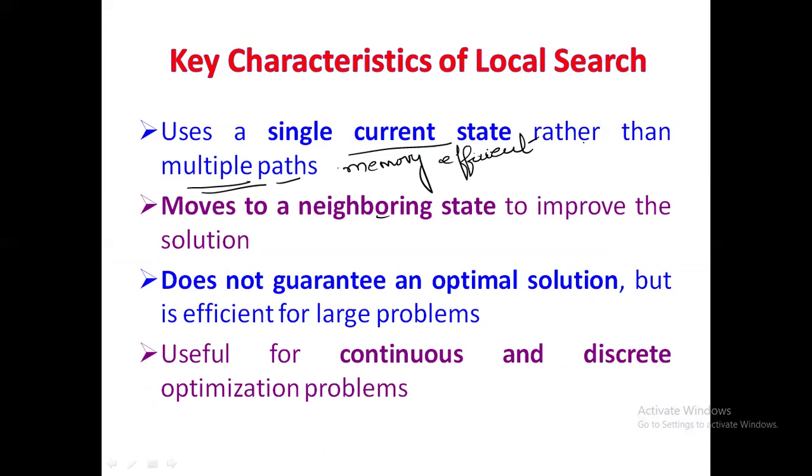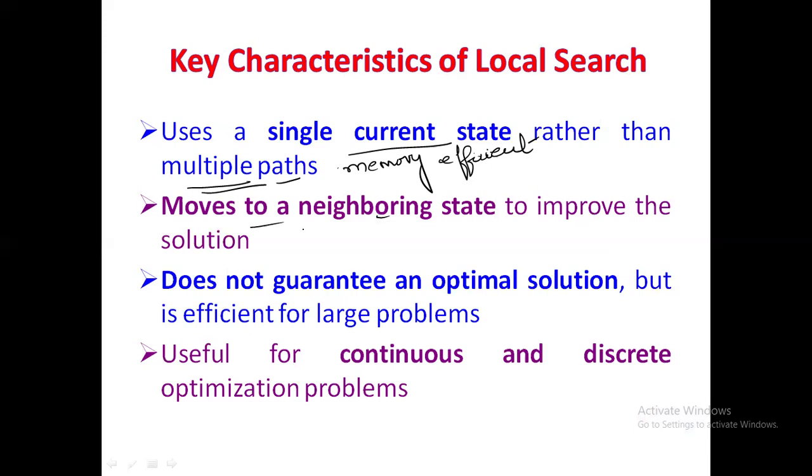Unlike global search methods that keep track of all possible paths, where the algorithm will search all the possible paths, local search modifies and improves a single candidate solution iteratively, reducing the computational complexity and also storage requirements.